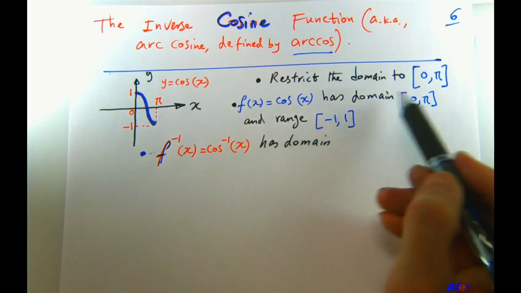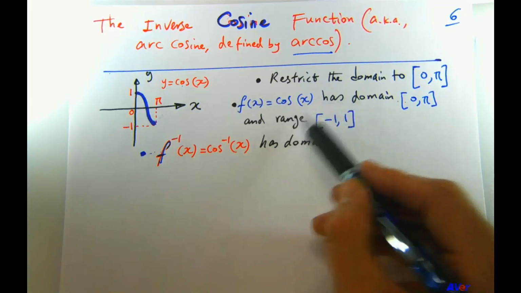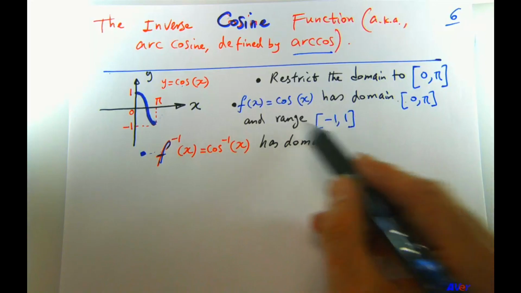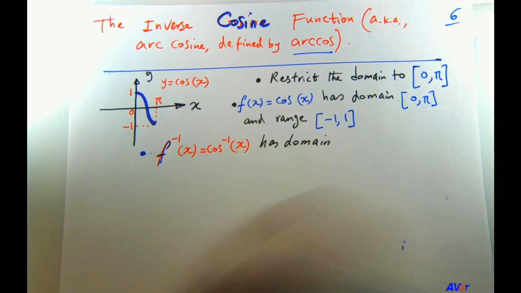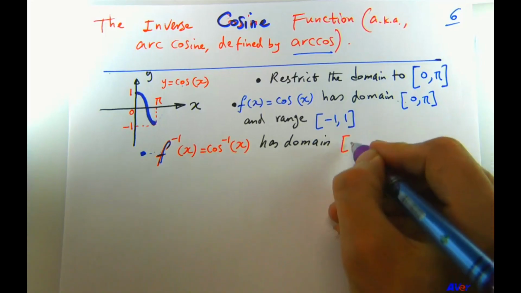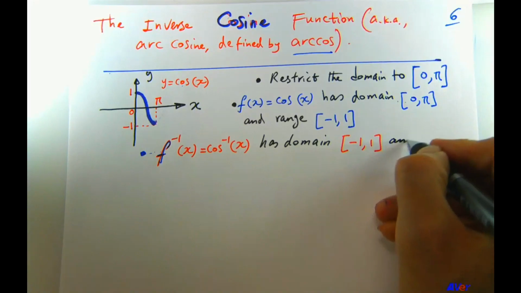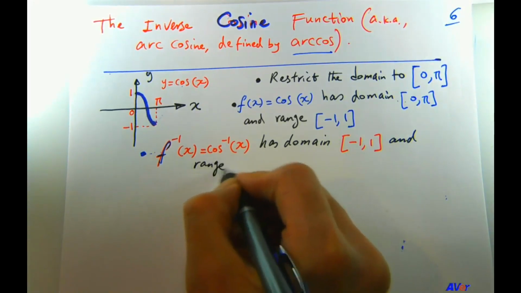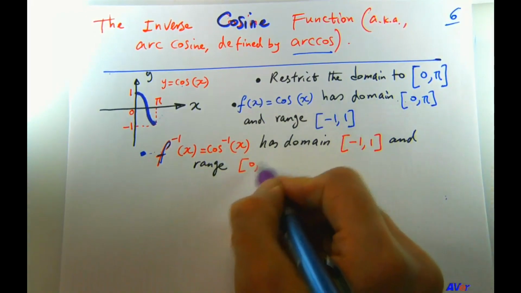We have to swap these two, right? For the inverse function, the domain and range are swapped. So now the range of the cosine function is the domain of the inverse cosine function. Like that. And range, so the range will be the domain, 0 to pi.